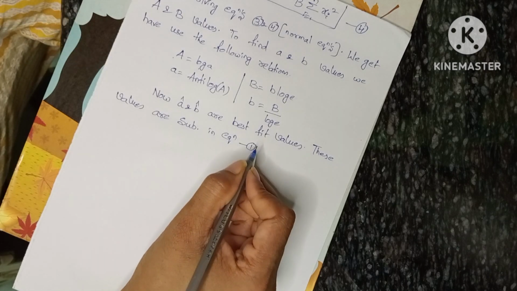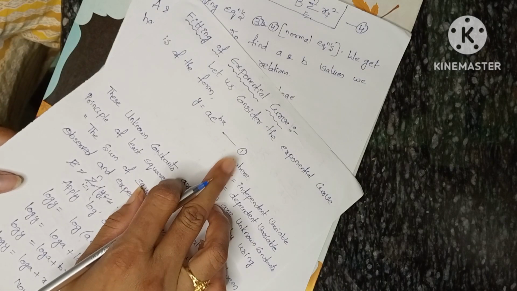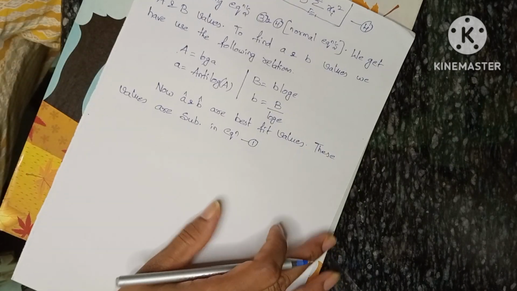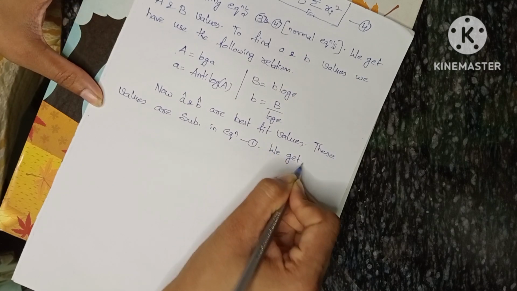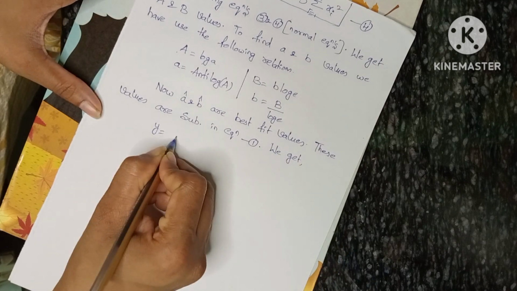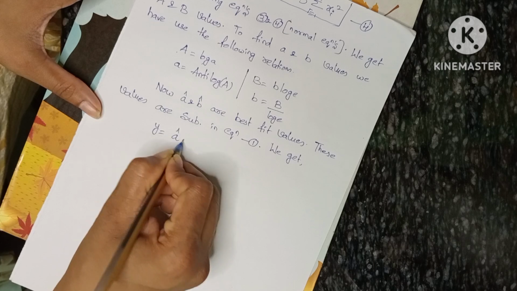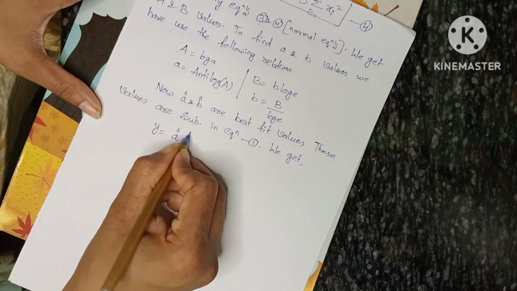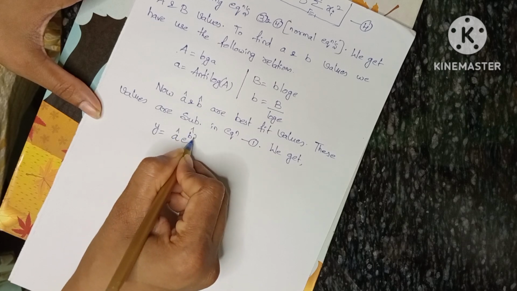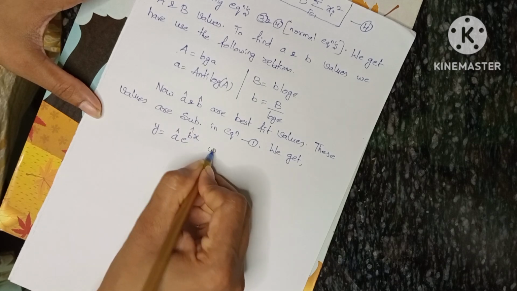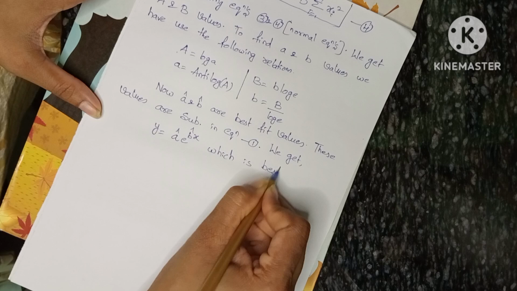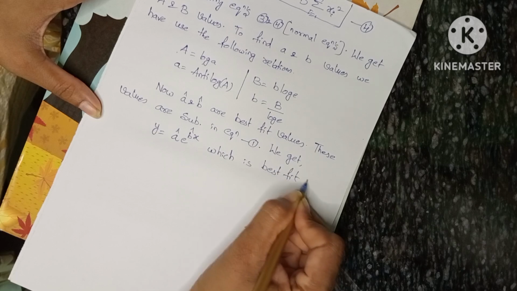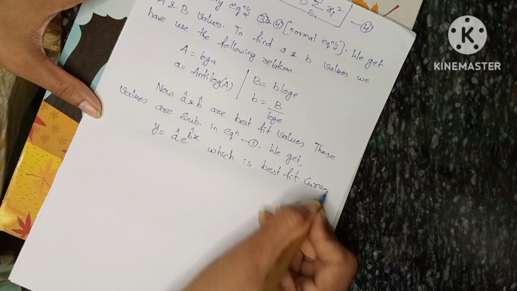Okay, so what we have to do? We have to substitute in equation 1. Okay, so we get y equals a cap e to the power of b cap x, which is the best fit curve. We call it as best fit curve.